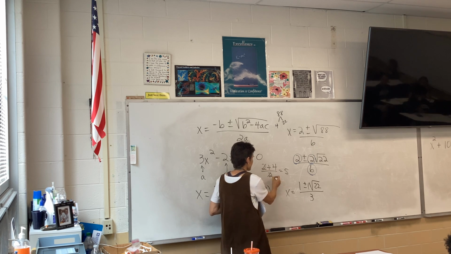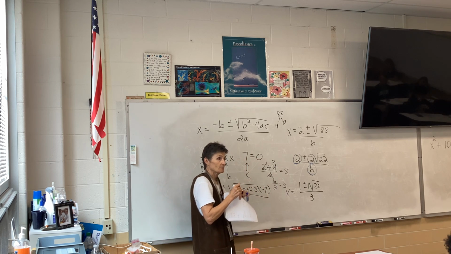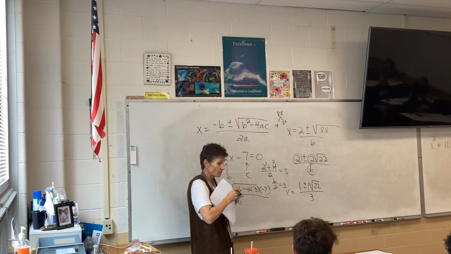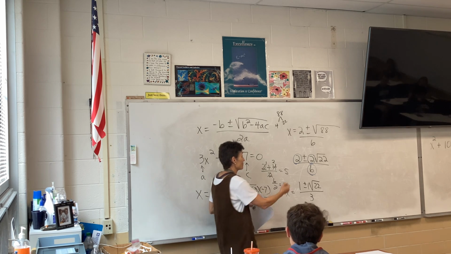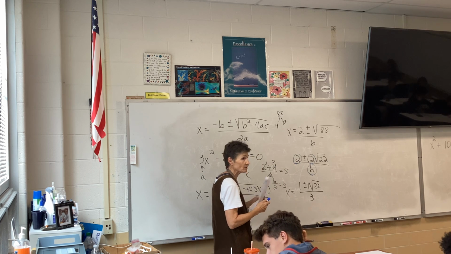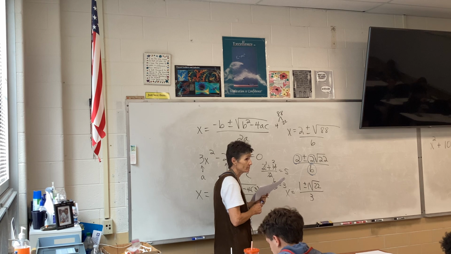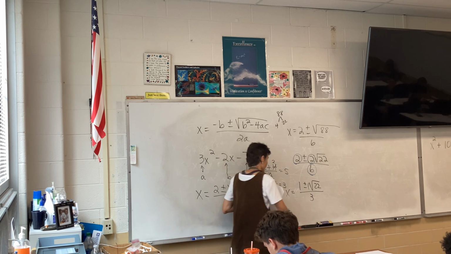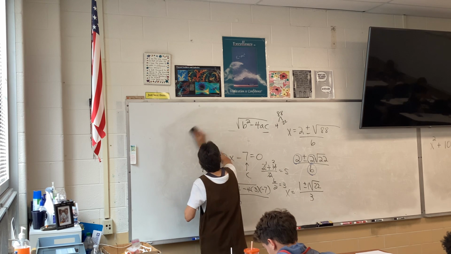The answer is 6 over 2, which is 3. So the 2 has to come out of everything. You have to cancel out of everything. If you're going to cancel, you have to be able to factor. So you can factor a 2 out, you can cancel them. If you can't factor, you can't cancel. That's the easiest way to remember it. No factoring, no canceling. So I can take a 2 out of my numerator, so I can cancel out a 2.